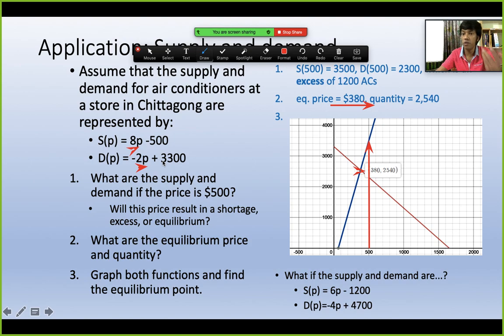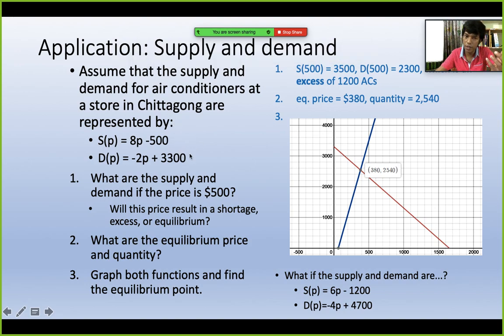If I say find the demand and supply for $500, you'll put it here. But finding the equilibrium price is still the same. You will write demand and supply equal, then solve it similarly.